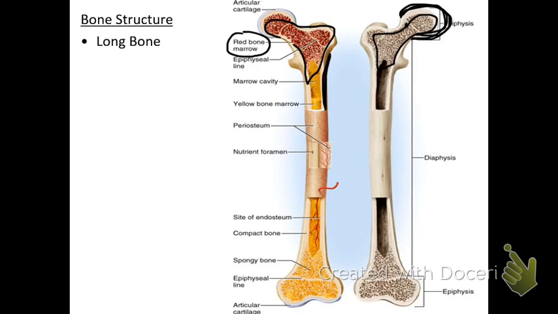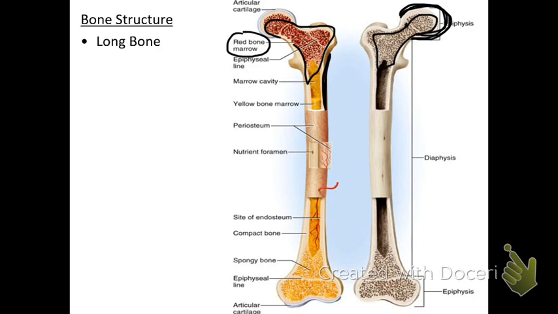So your red blood cells, your erythrocytes, white blood cells, the leukocytes, and platelets are produced in the red bone marrow. In a child, there is a significant amount of red bone marrow in many of the bones. In an adult, however, your red bone marrow is found in far fewer places.